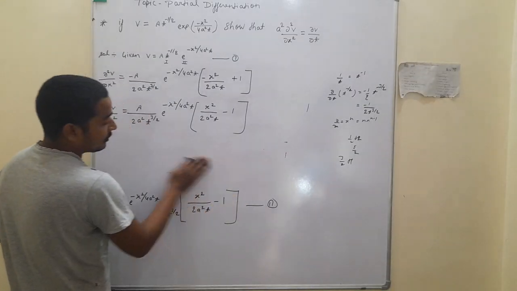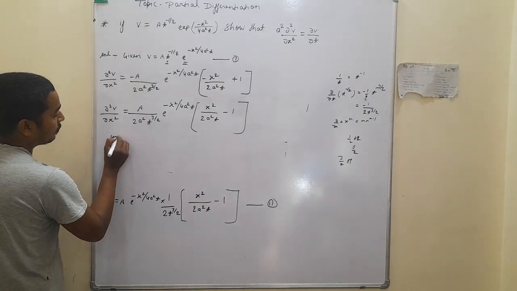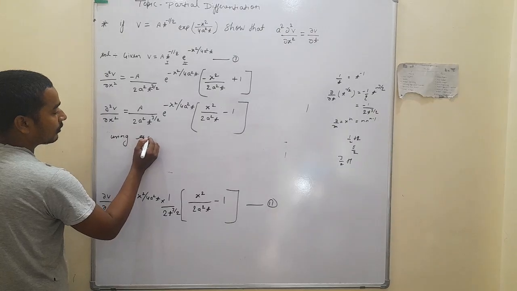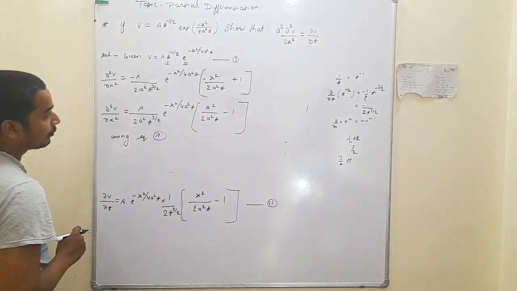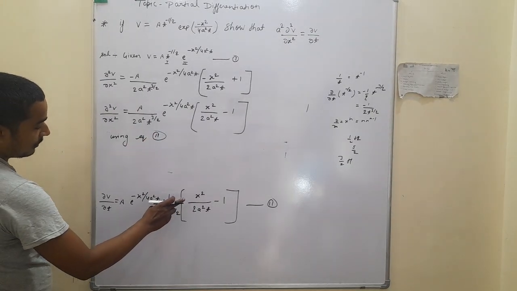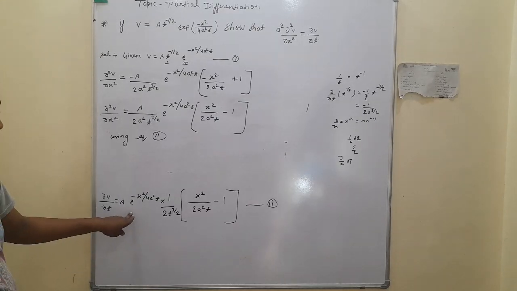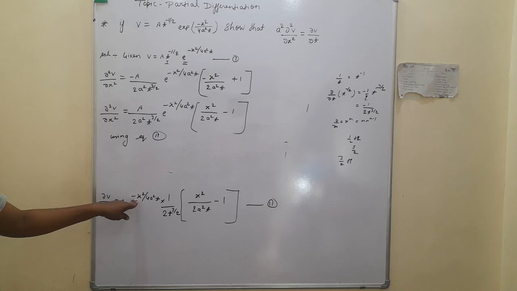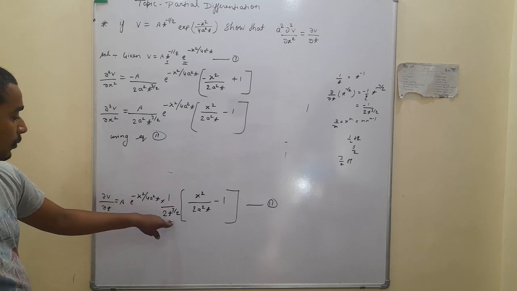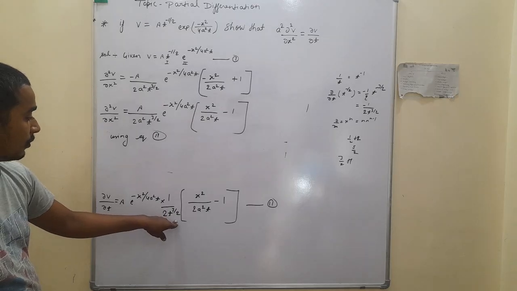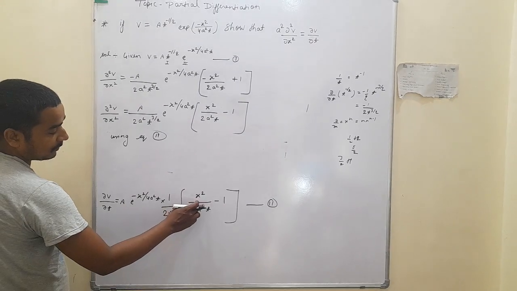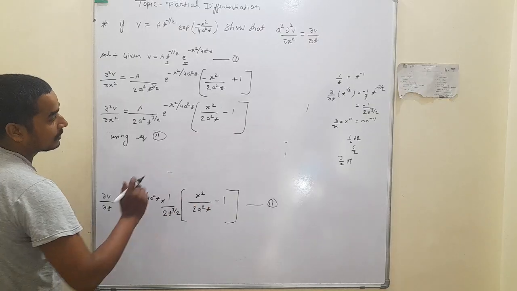And using equation 2, we have to put the value of a into e to the power of minus x square upon 4a square into t into 1 upon 2 to the power 3 by 2, and bracket x square upon 2a square t minus 1.